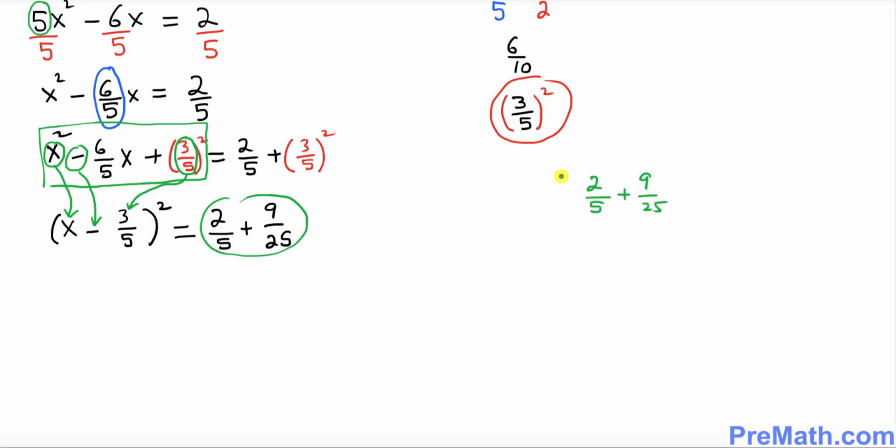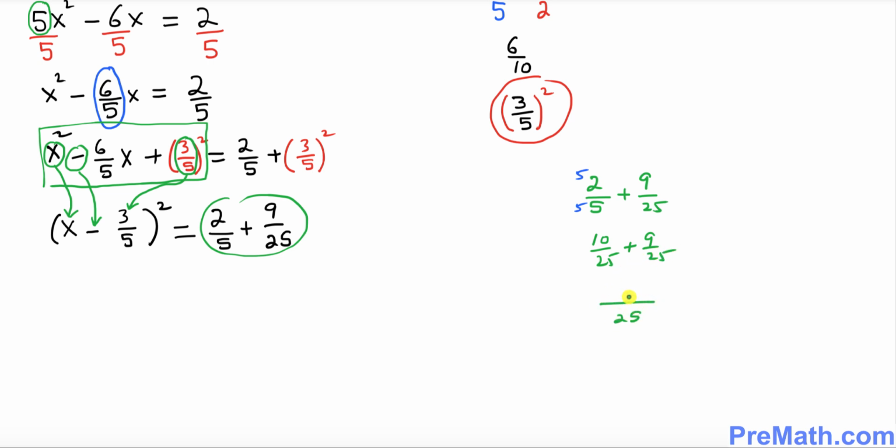See right now 2/5, we must have the same denominator, 25. So what I'm going to do is multiply top and bottom by 5. So that's going to give you 2 times 5 is 10 over 25 plus 9 over 25.